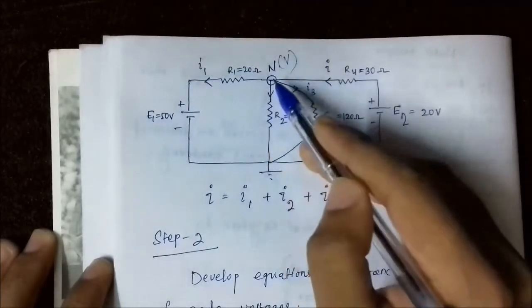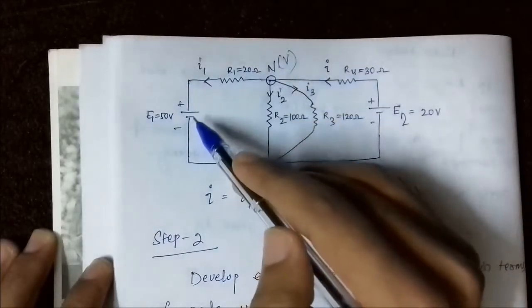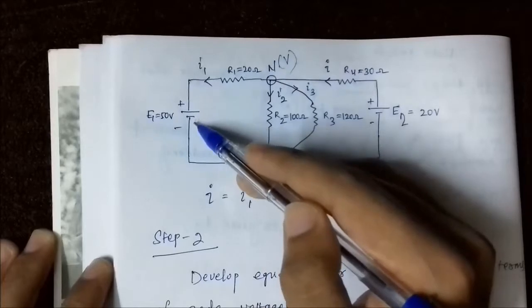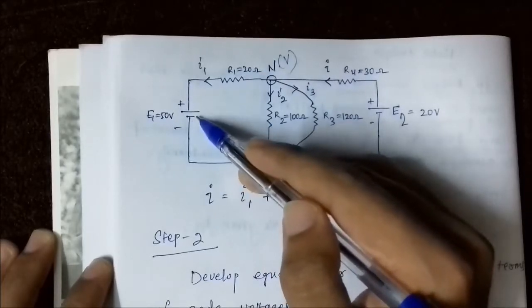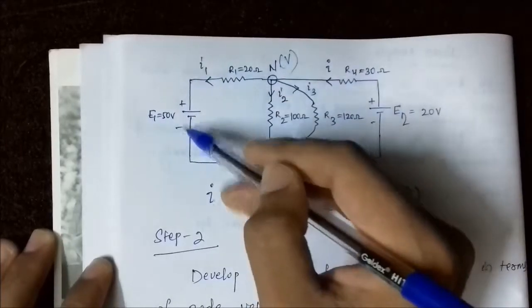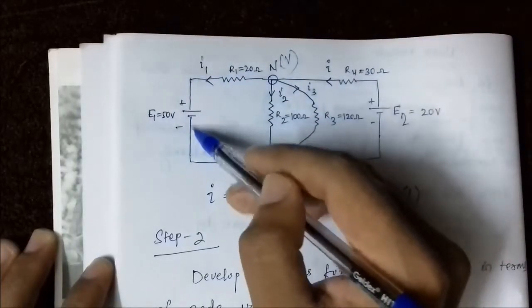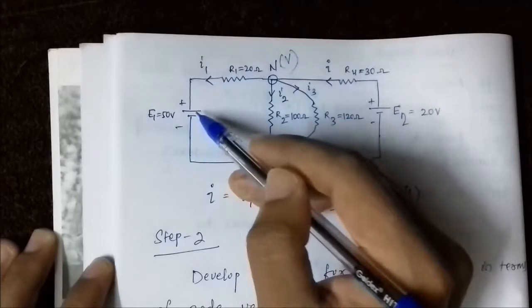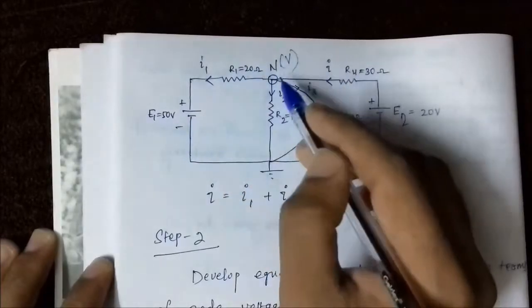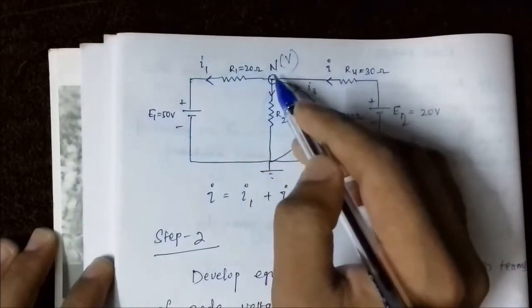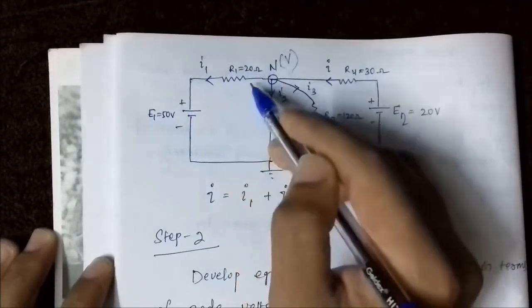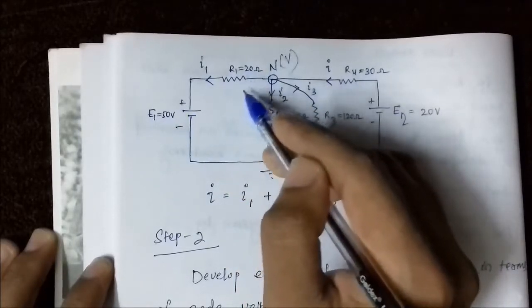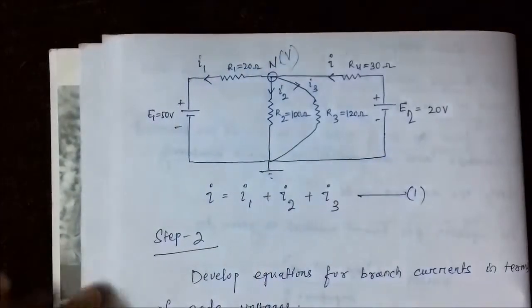And I1 is V minus 50, as we are going from positive to negative of the voltage source, so minus 50. If it had been connected in reverse, it would have been plus, as we would be moving from negative to positive. So in this case the current I1 is V minus 50, as we are moving from positive to negative, by impedance R1 equals 20 ohm.